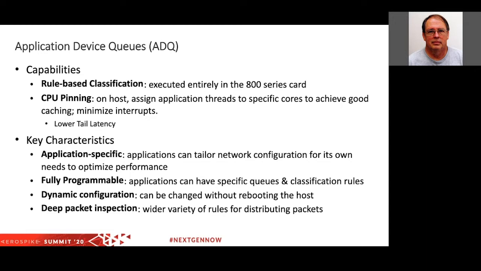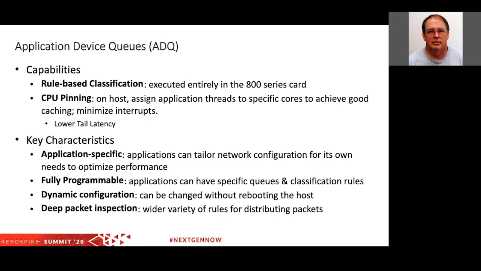So the characteristics of ADQ in general, before we move on: with this level of granularity and sophistication in the rules, now you can move beyond dealing with generic network traffic, and you can actually tailor the rules to a particular application. In this particular case, we're talking about the Aerospike server, which generally would be the only application running on the server.